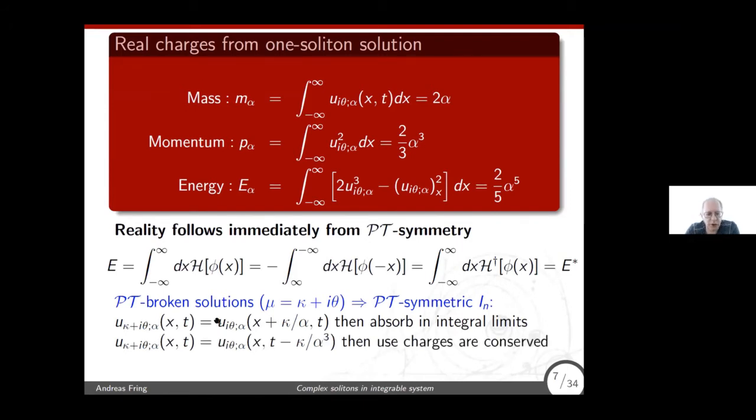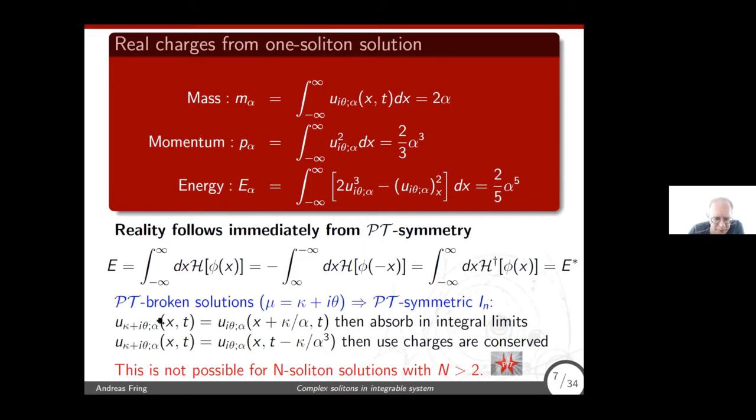Now, I could also shift in t and use the fact that these are charges and therefore conserved in time, so it has to hold for all time, and I can shift in time. But now I have used up my two variables. So what about N-soliton solutions?